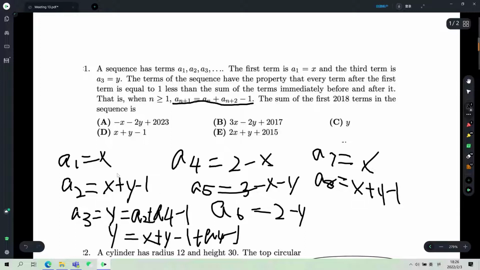Okay, we can notice that there is a sequence of 6 terms from 1 to 6. And starting from 7, there will be a new sequence.